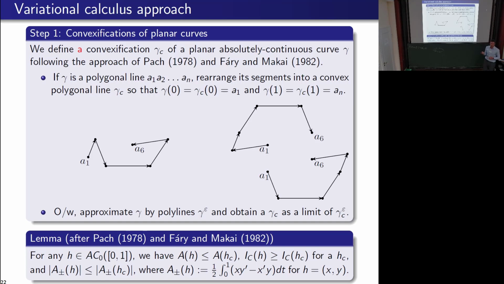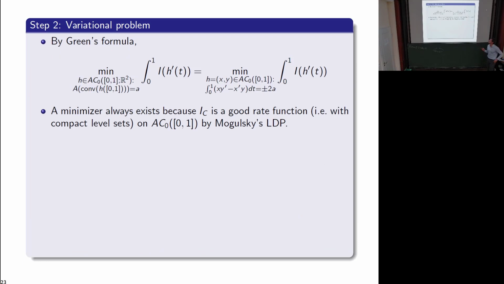Okay, so with this convexification procedure, we can now reduce our variational problem to solving the same variational problem over convex curves, for which we can express the area of the convex hull using the Green formula. So that's an integral.